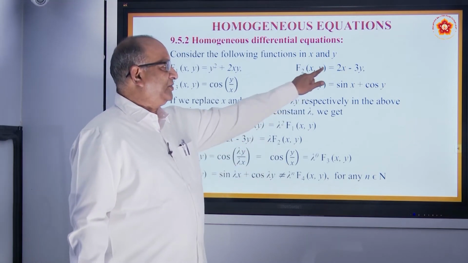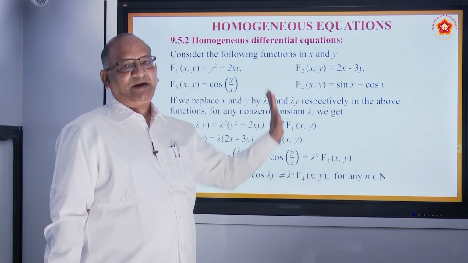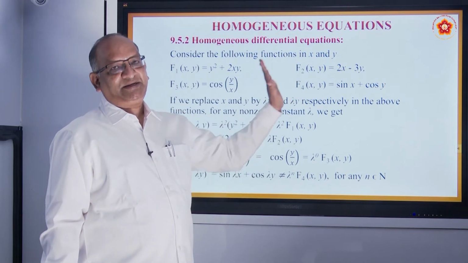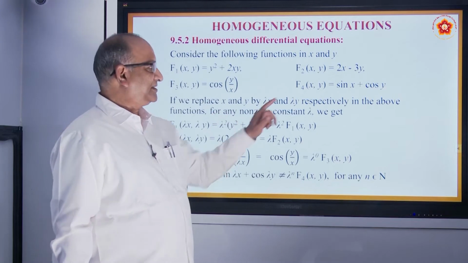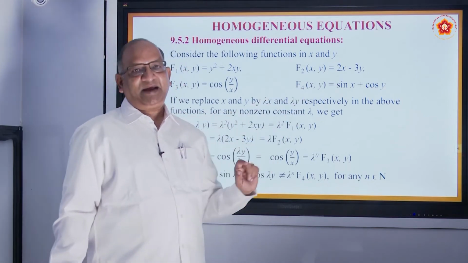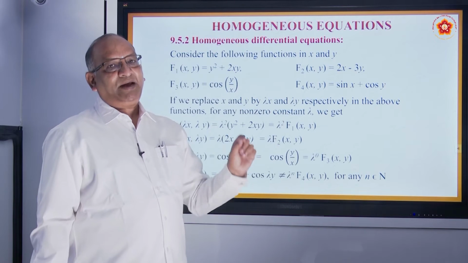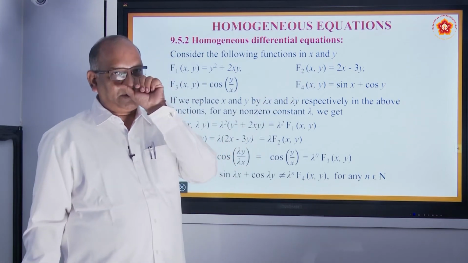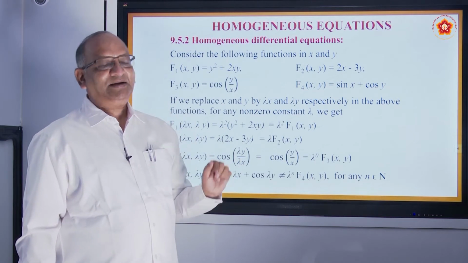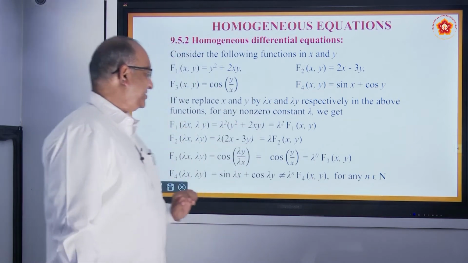That's why it is written. You can change it to u and v, or x and z, or y and z. Whatever you wish. For example, instead of 2x minus 3y, you can write 2y minus 3z, so instead of x and y we write y and z, because it will be a function of y and z. So these are four functions.